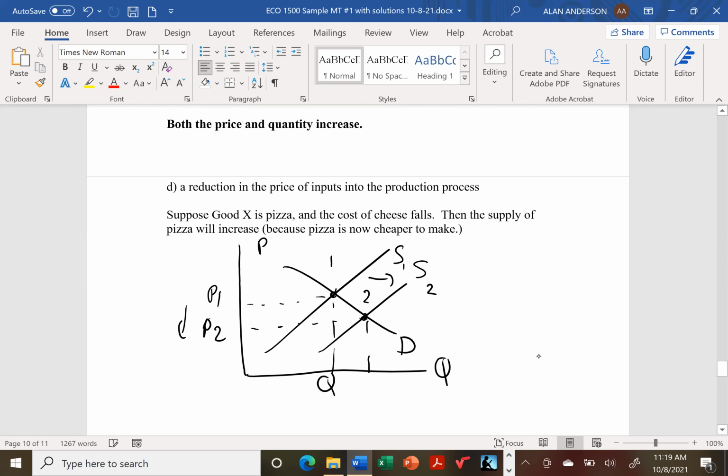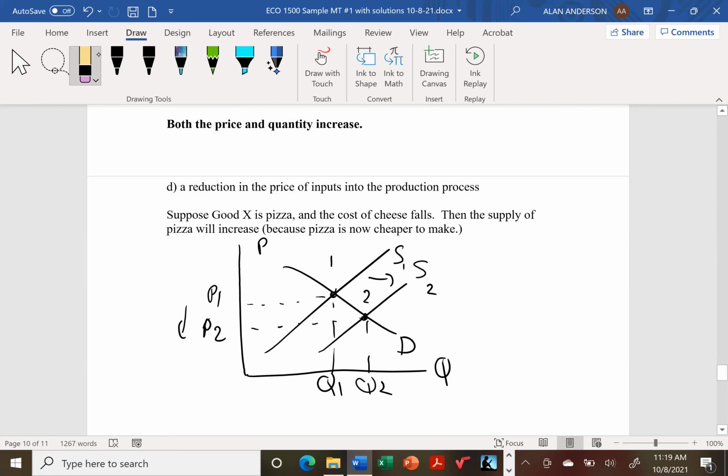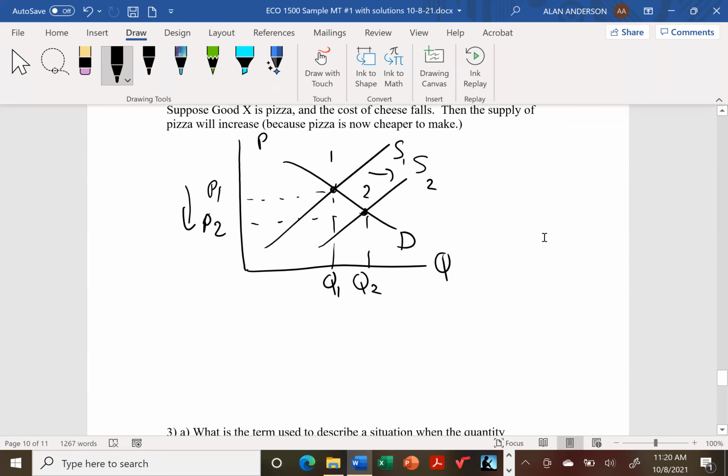Prices drop. Wow, this is a nice outcome. We have more pizza at lower prices. Who wouldn't be happy about that? All right, so this is that case that everybody loves. More pizza, lower prices. So the price falls and the quantity rises. Excellent.